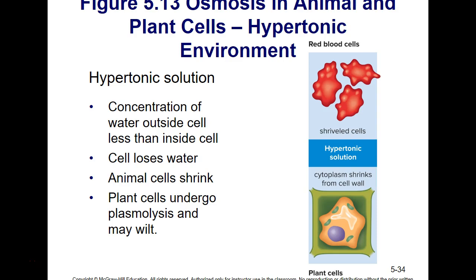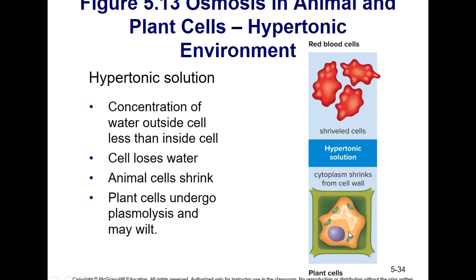And of course, if you place a plant cell in a hypertonic solution, it is going to go through the process called plasmolysis, because the membrane is going to pull away from the cell wall, which is this green structure right here.